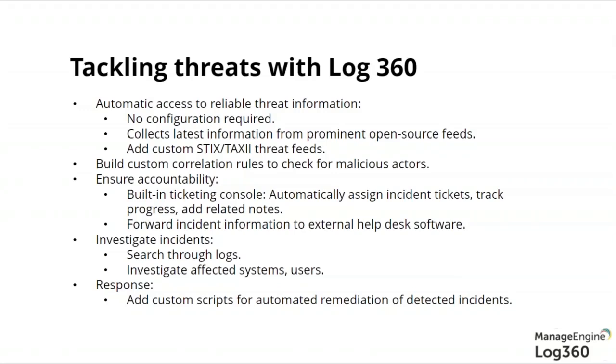This feature integrates threat intelligence as well, so before it alerts you to any threat activity, it's able to validate an entire pattern of activity. So Log360 allows you to do this as well.